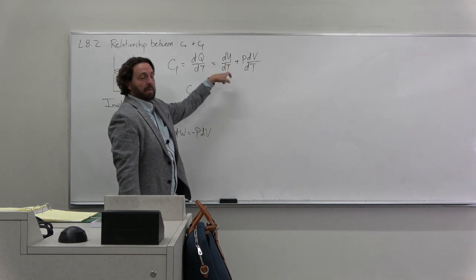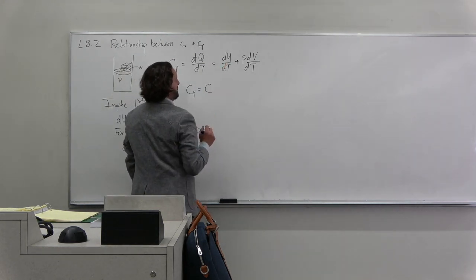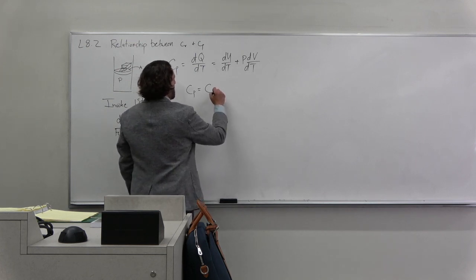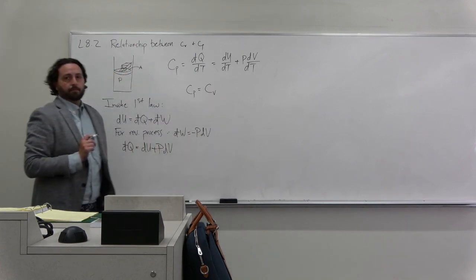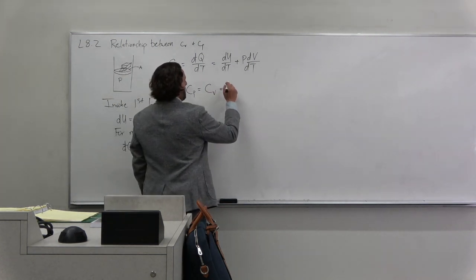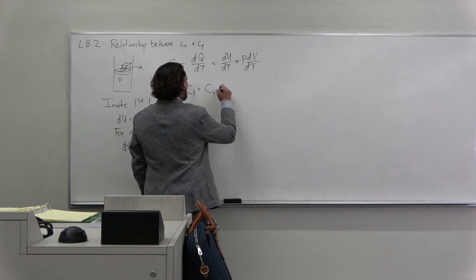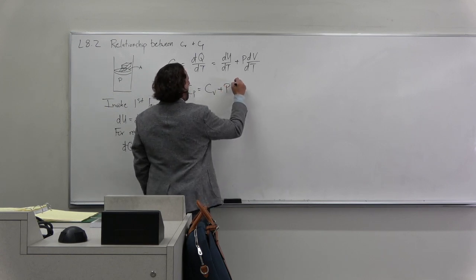Since U is a state function, this is an exact differential, so it's always the same. Okay, so this is Cv. And so that's Cv plus P dV/dT.